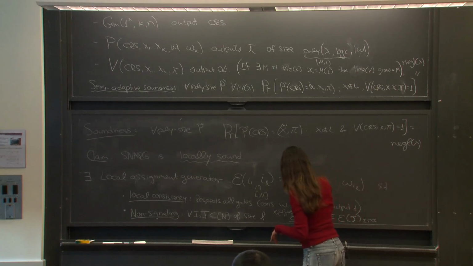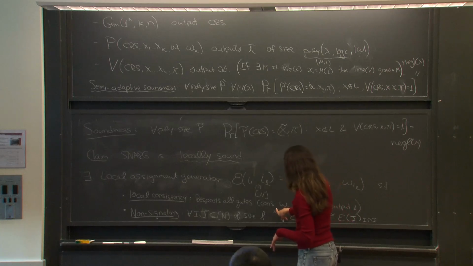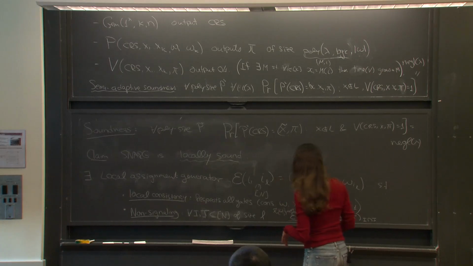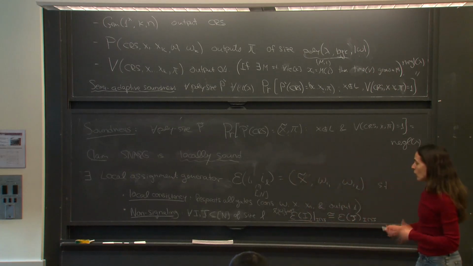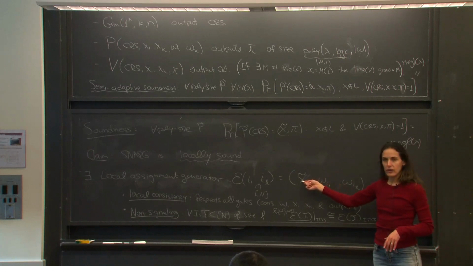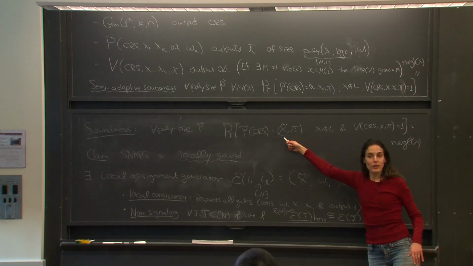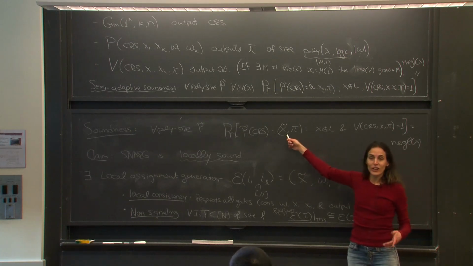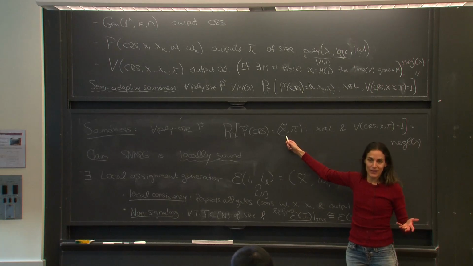And the extractor is also going to output some X tilde, because his is also crooked. And we want to argue that this crooked X is indistinguishable from the crooked X given by the cheating prover.